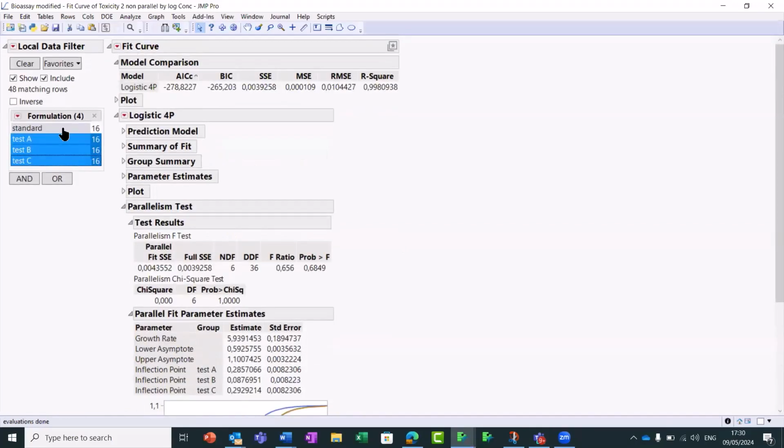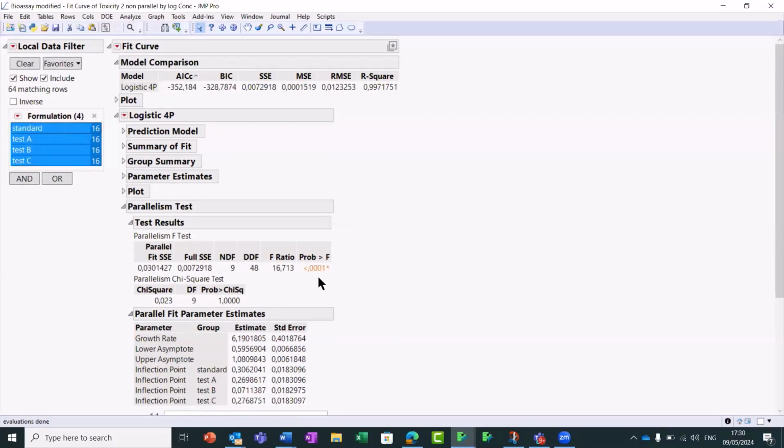That will not be the case if I'm using now, again, the standard. And you can see now the p-value is small again, indicating that the standard is really the one that is behaving differently from all the others. So this was actually the parallelism test, very straightforward, I would say, to find out if your curves are parallel or not.